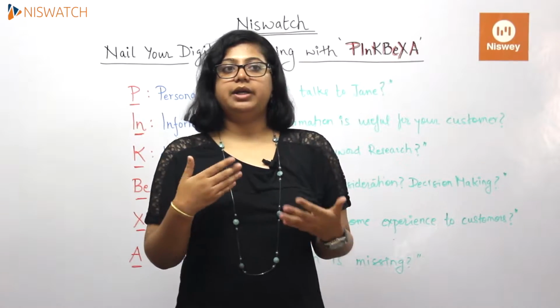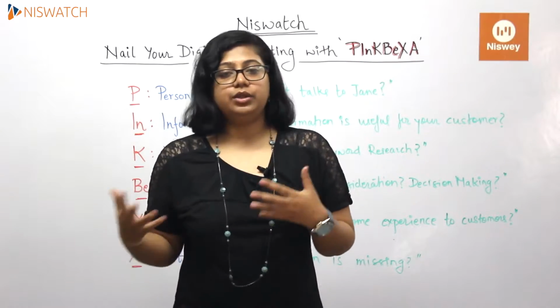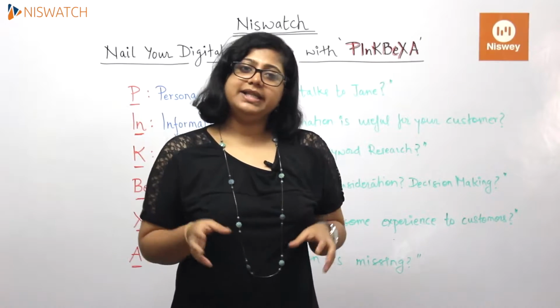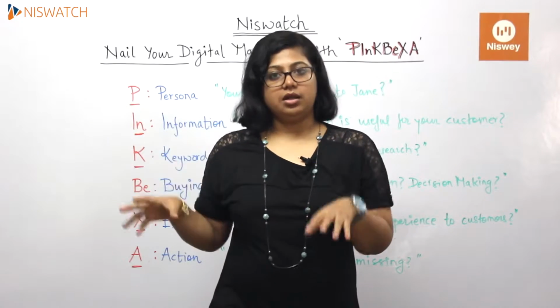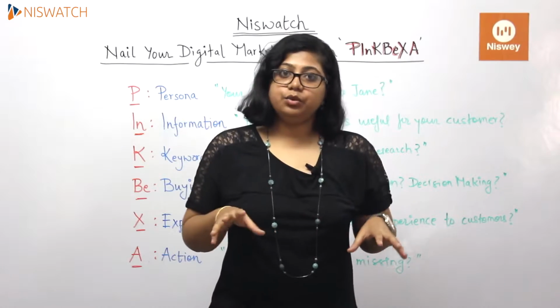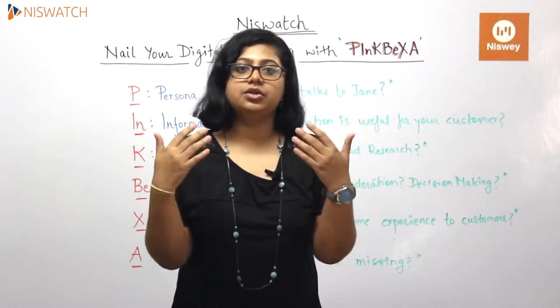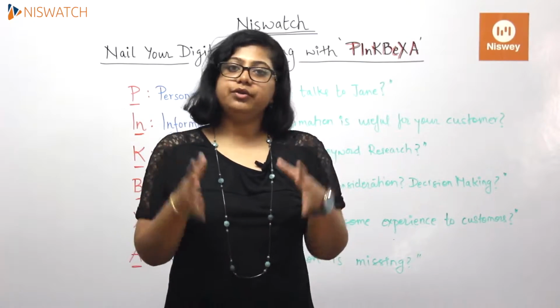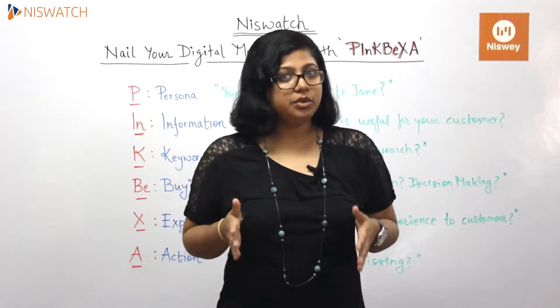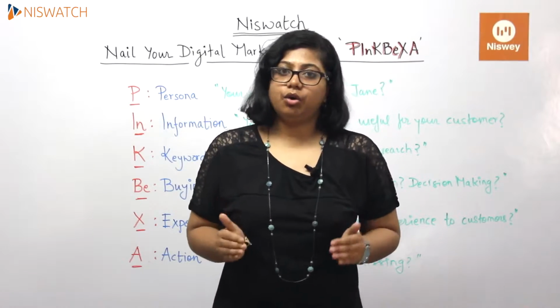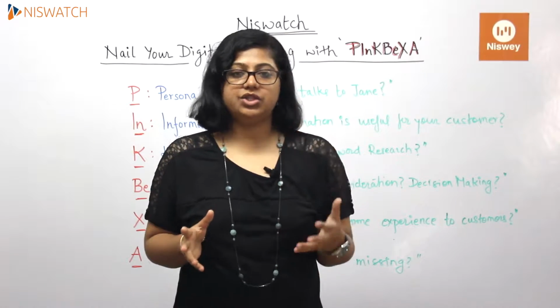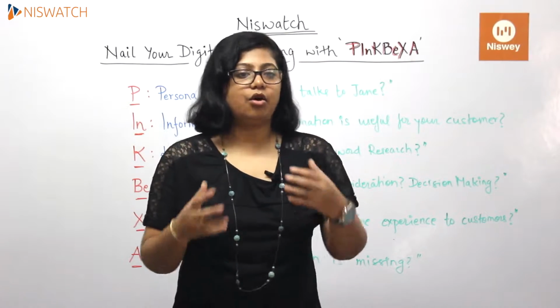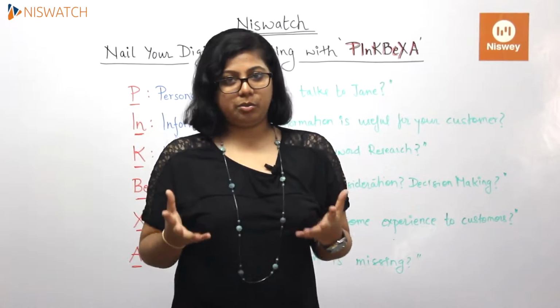How much does app development cost? How do you find a good app development company? All these are questions that Jane would want answers to, and you should help Jane find the answers. If your content is revolving around the informational needs of Jane, that is when your content has the best chance of reaching Jane and convincing her to consider your brand.